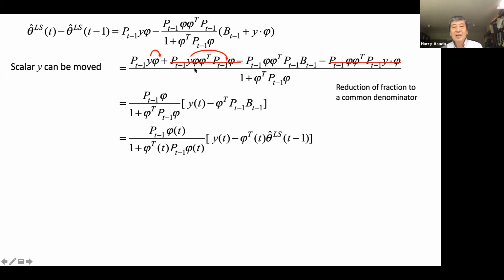So we can cancel these out. So remaining are two terms of this one, and again, the y is to be placed here. And we have P_{t-1} phi. And after pulling out y here, we have P_{t-1} phi. So let's factor this out here. Okay, so remember, the remaining part is y_t minus phi transpose P_{t-1} B_{t-1}.